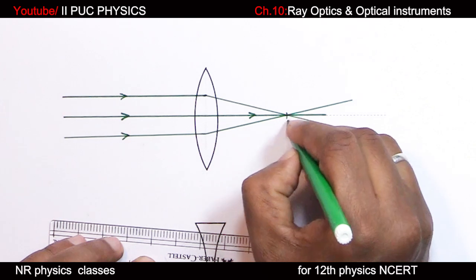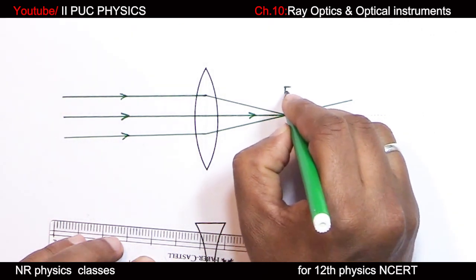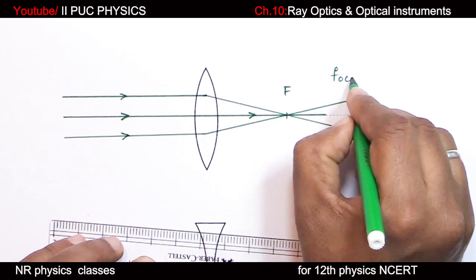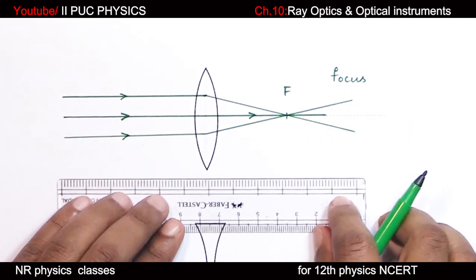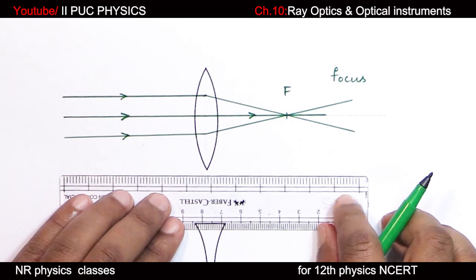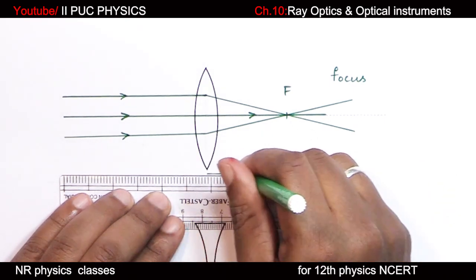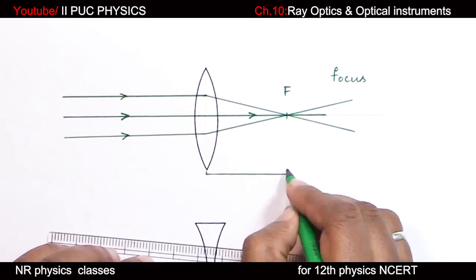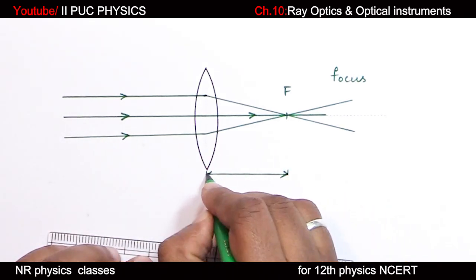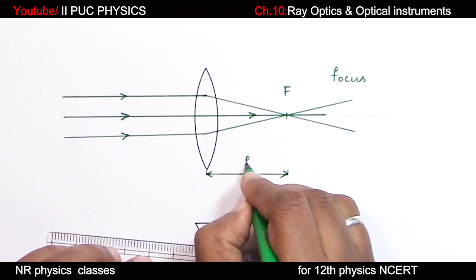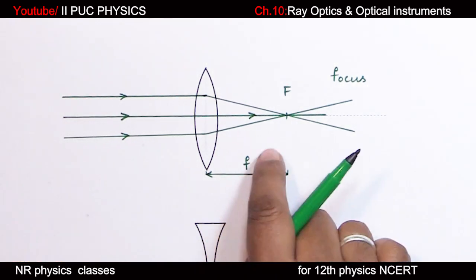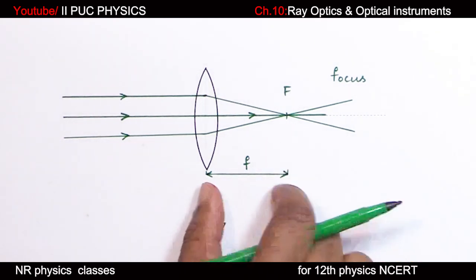So this point is the focus, denoted by capital F. And the distance of the focus from the principal section of the lens, that is this distance, is called focal length, denoted by small letter f. So this is how we can find out the focal length of a lens.